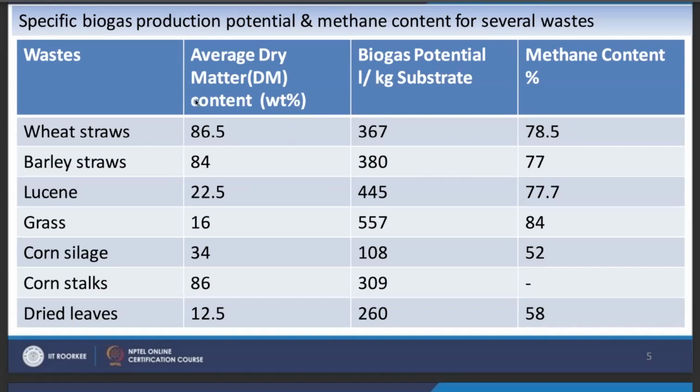products, right? So if we are having a wheat straw, the dry matter content, that is the percentage of dry matter in wheat straw, is approximately 86%. The biogas which is produced from this wheat straw, which is 86.5 percentage by weight, the biogas produced, that is in liter per kg from this substrate, is around 367, that is 367 liter per kg of this substrate.